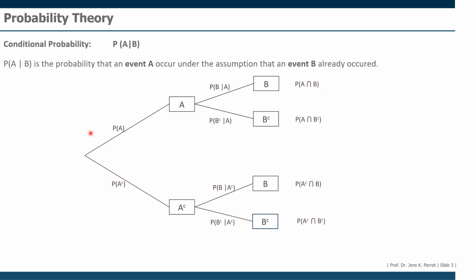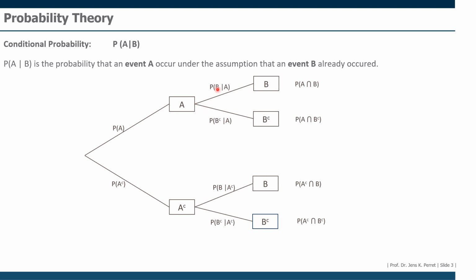We can imagine this, and that's why I use this graph here, like walking from the left to the right. Here we have event A. The first thing which could happen is that event A actually takes place. Then all the other probabilities following after this are under the condition that event A already happened.